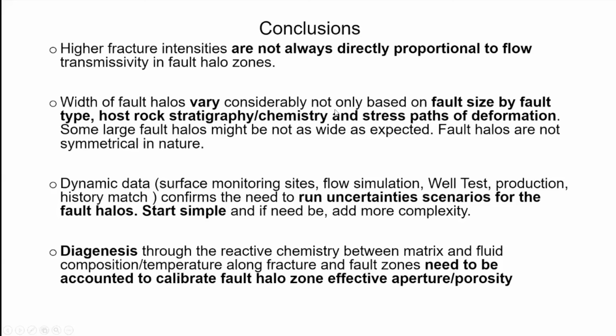And the width of the halos is not only based on the fault size, and we know that for the fault halo, for modeling purposes, we make it symmetrical just to start with, especially when we are doing simulation grid sizes. But in reality, the fault halo is never symmetrical. And the fault size does not necessarily equate, depending on the host rock, with the width of the halo.